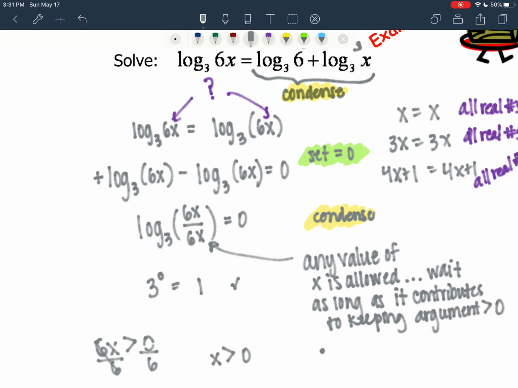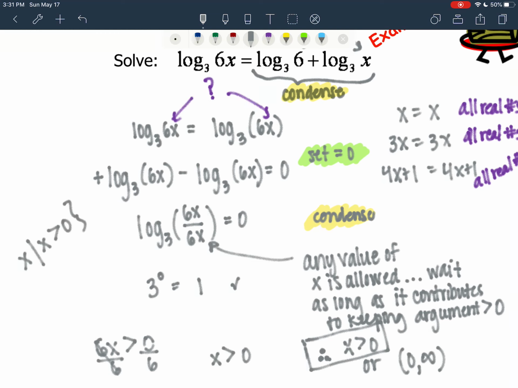Therefore, x is greater than 0, or we can say 0 to infinity. The easier way to say it is x such that x is greater than 0. That's the set of all the numbers that would work.